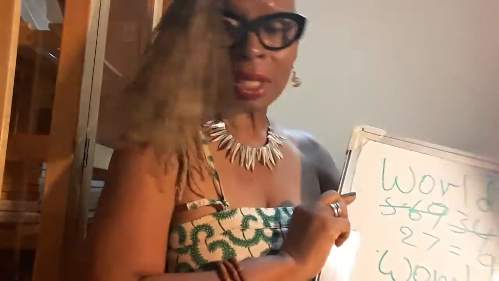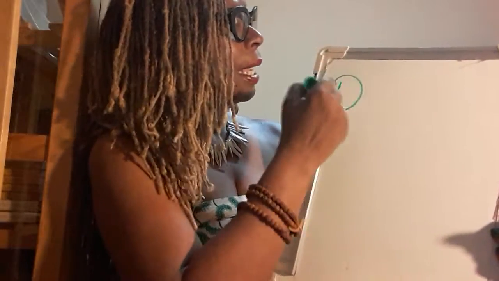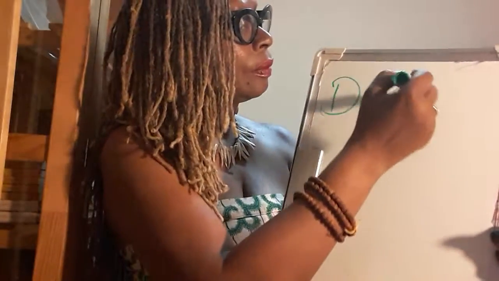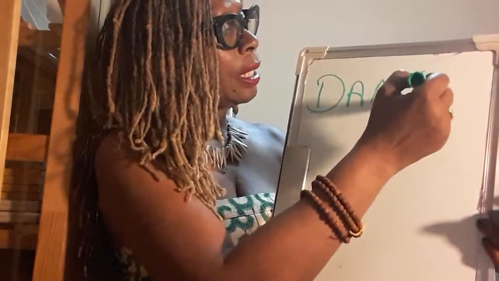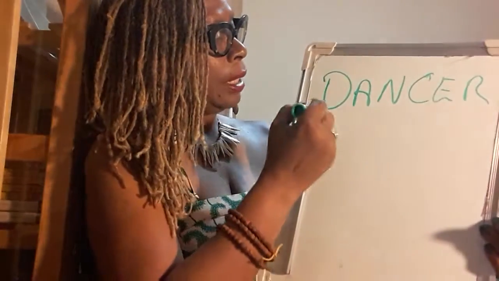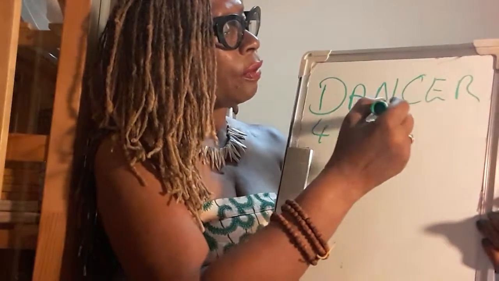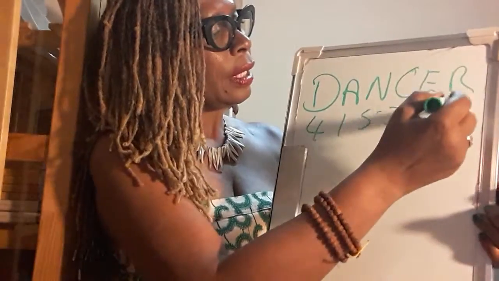Three is the dancer. I did the numerical value for the word dancer. So we are going to look at W and the dancer. I said that three is the dancer, and this is 415359.